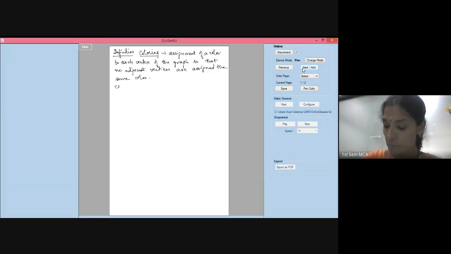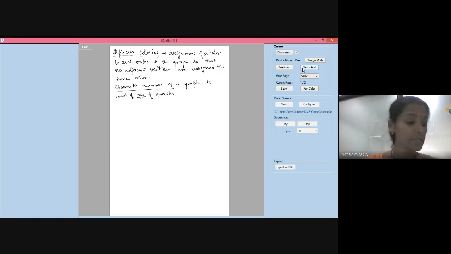We will see one more definition before we go into some numerical problems. What is called a chromatic number of a graph. Chromatic number of the graph is nothing but the least number of colors needed for coloring the graph. Listen very carefully, it is very important and it is simple also.